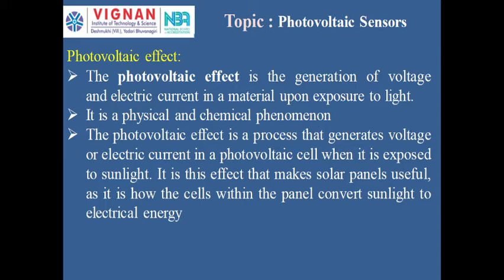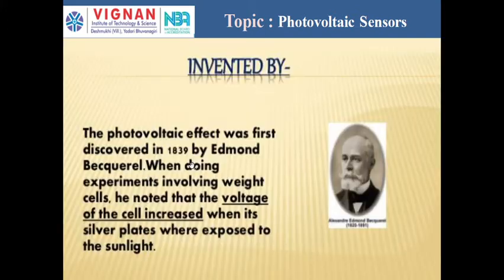So in a simple way, you can say that the photovoltaic effect is a process that generates voltage or electric current in a photovoltaic cell when it is exposed to sunlight. Because of this effect, solar panels are very useful, as they convert sun energy into electrical energy.